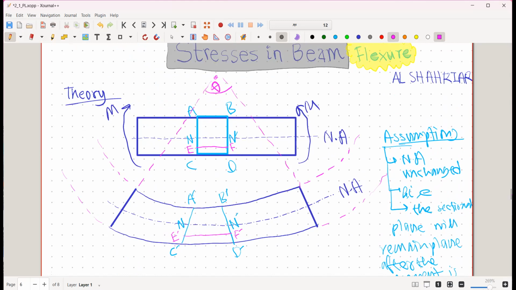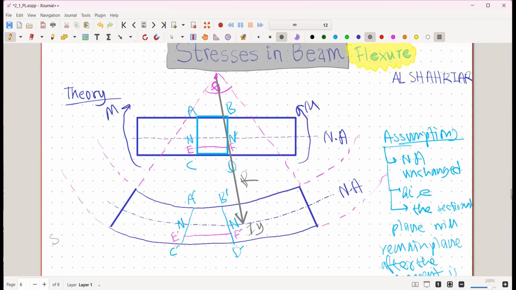Let's call the angle theta. The distance from this to this will be our radius of curvature, and let's call this distance y.